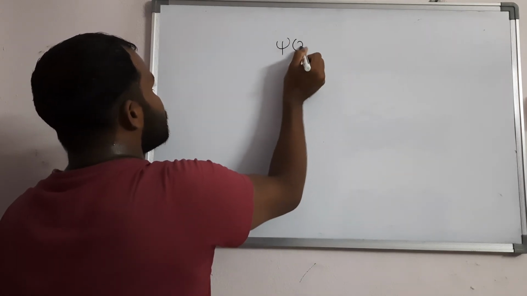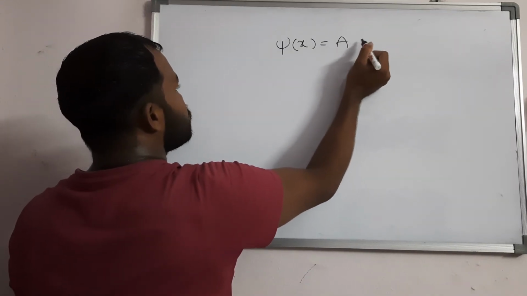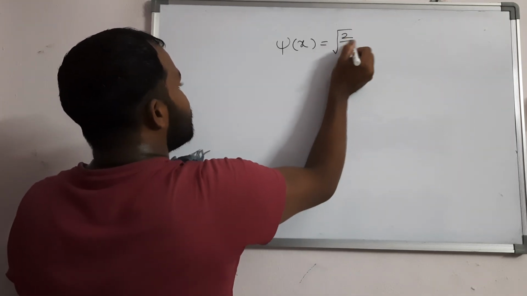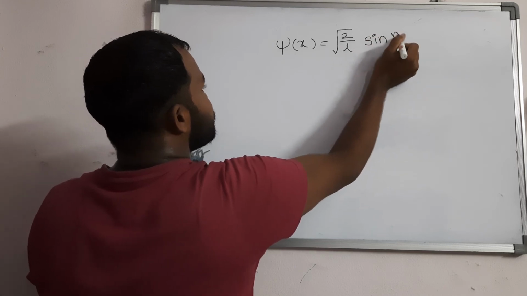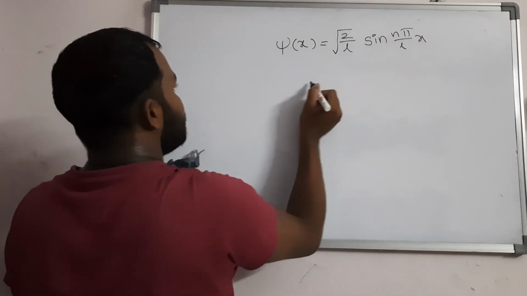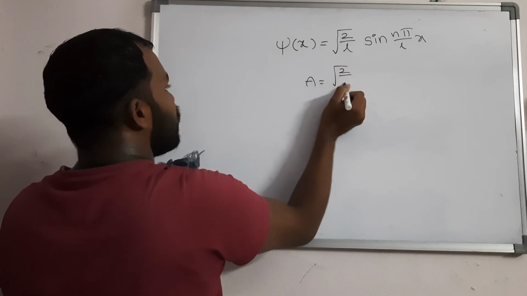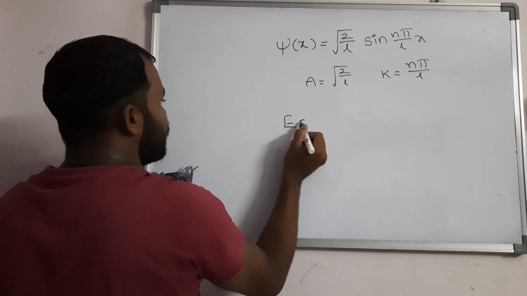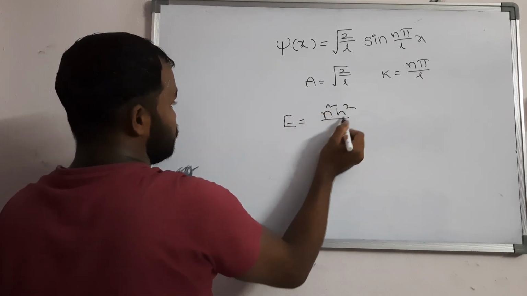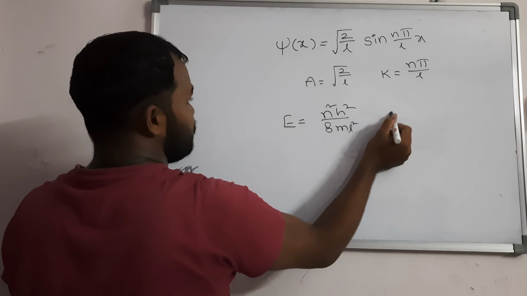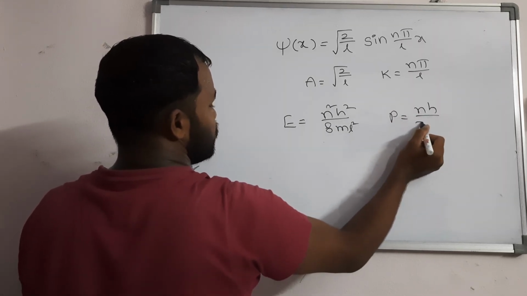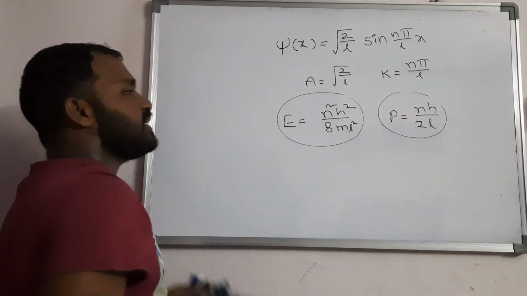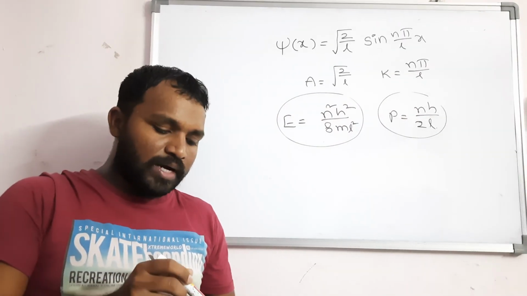So ψ(x) is equal to A sin(nπ/L)x, where A is root 2 by L, and k is equal to nπ by L. Then energy is n²h² by 8mL², and P is equal to nh by 2L. All this is the complete information of the particle in a 1D box.